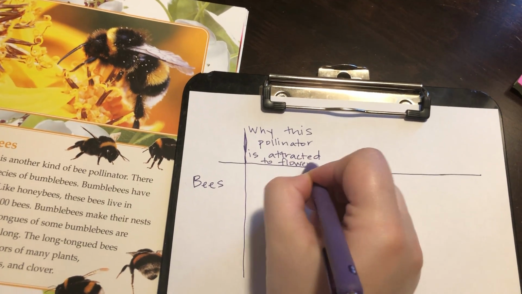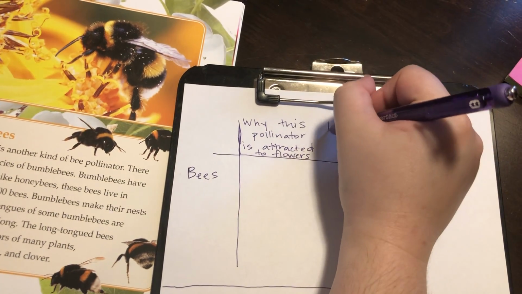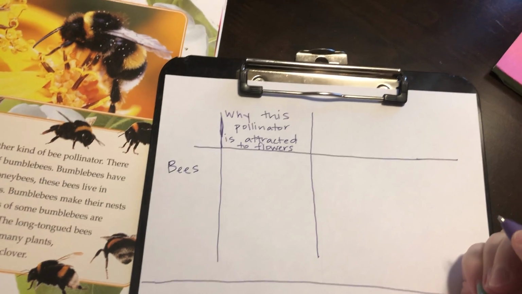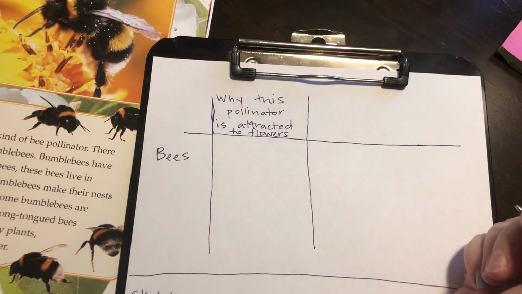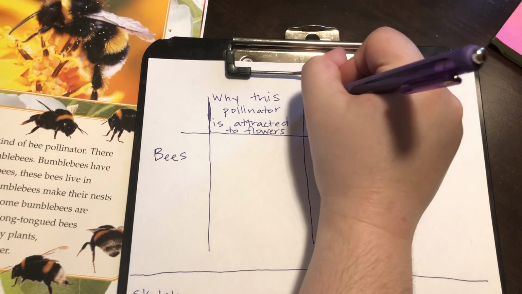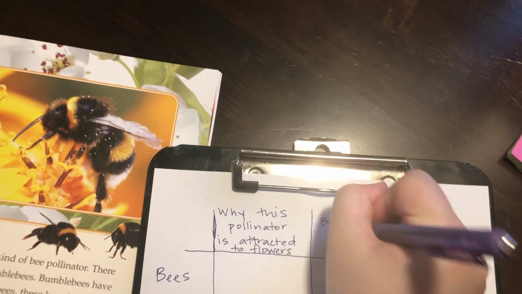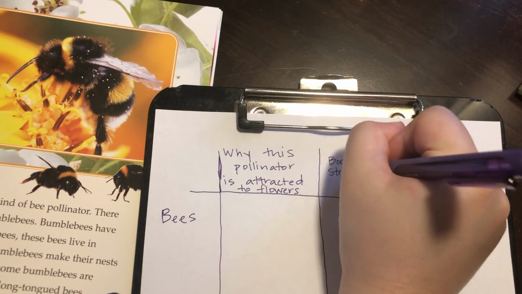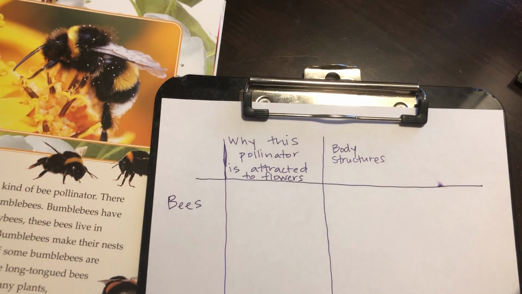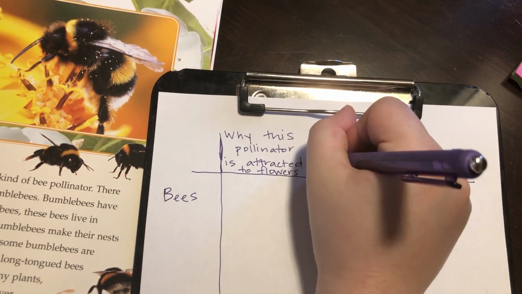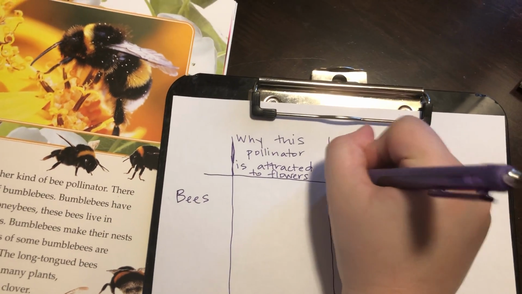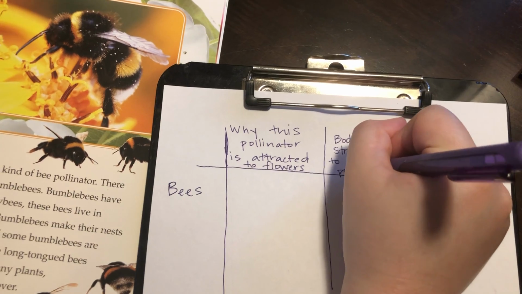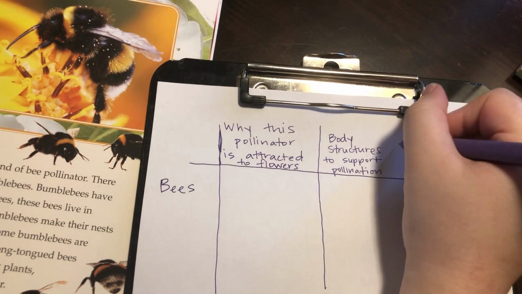So we're going to go back into the text and figure out what is it about flowers that make the bees want to come and visit them and get that process of pollination started. We're also going to take notes about the body structures or parts or characteristics that are able to support pollination. So what is true of the bee's body that helps it be a good pollinator?